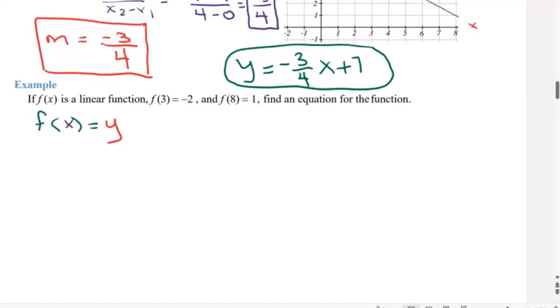For the first equation, I'm given f of 3 is equal to -2. For my second equation, I'm being told f of 8 is equal to 1.